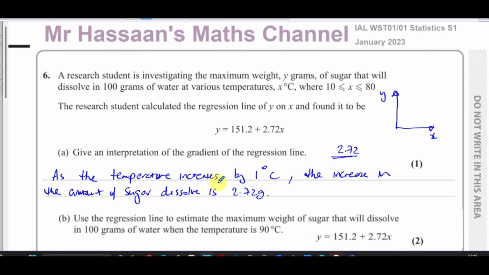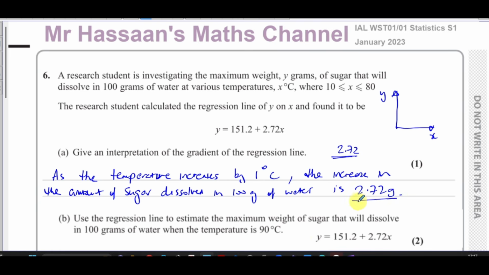When the temperature increases by 1 degree Celsius, the increase in the amount of sugar dissolved in 100 grams of water is 2.72 grams. Let me put that as one sentence properly.